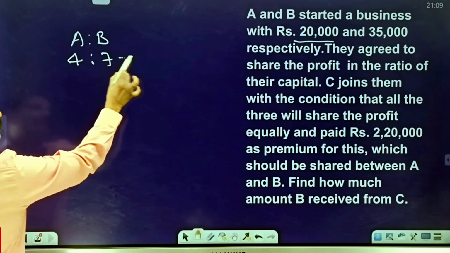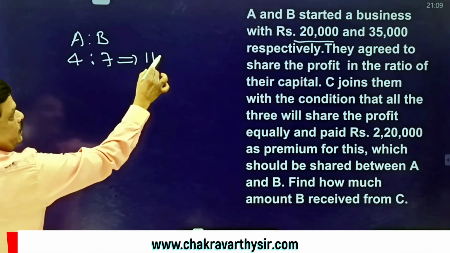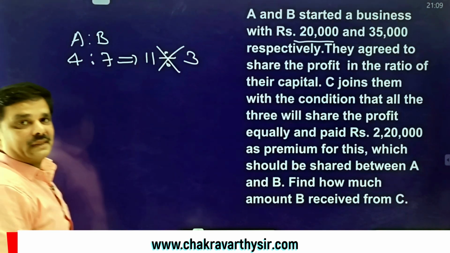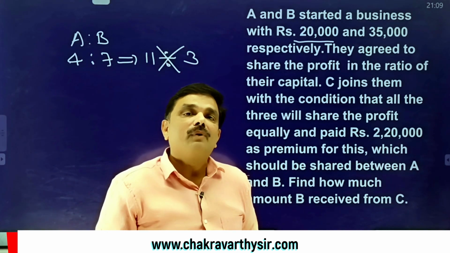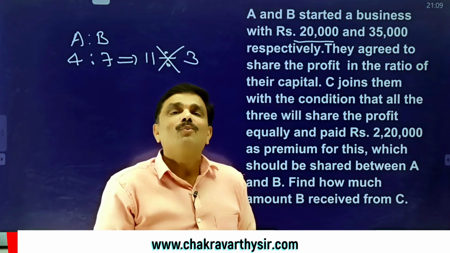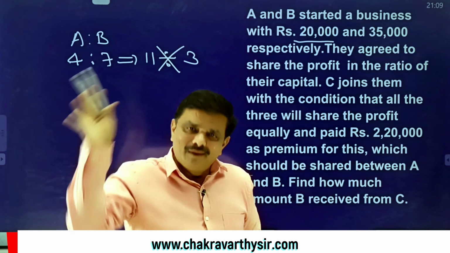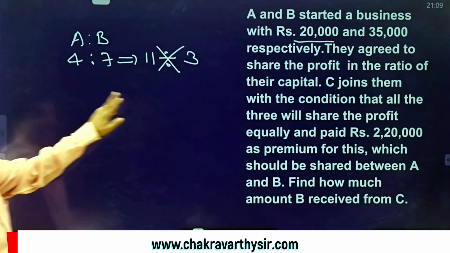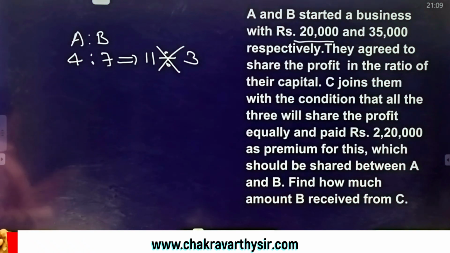But to go for this, this is the total investment ratio: 7 plus 4 is 11, which is not divisible by 3 because the number of persons they have given is 3. Not divisible by 3. What to do? You have to make the terms divisible by 3 by multiplying these two terms by 3. You know the basic thing there, that is the balancing method.